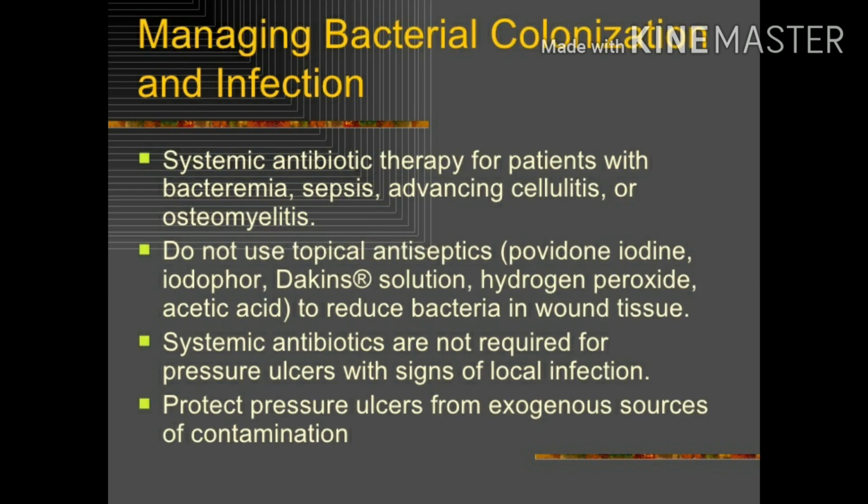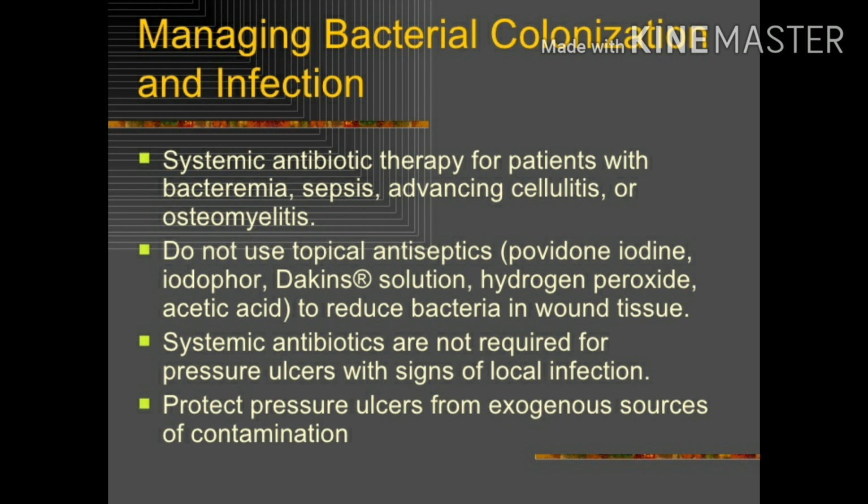If pus is coming out of the wound, it can be sent for pus culture and sensitivity. Systemic antibiotic therapy should only be provided to the patient showing signs of sepsis or cellulitis or even osteomyelitis.